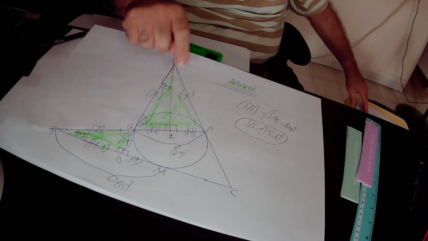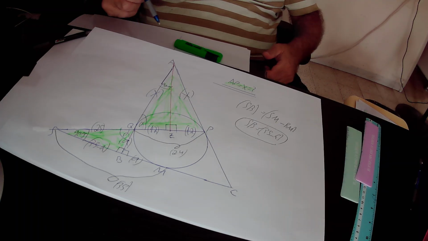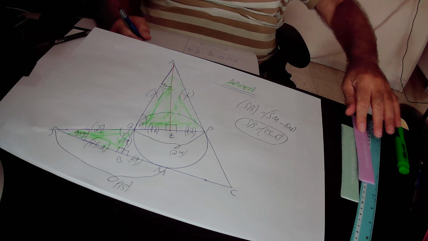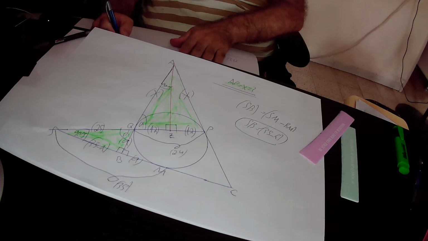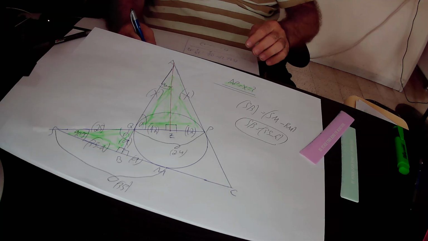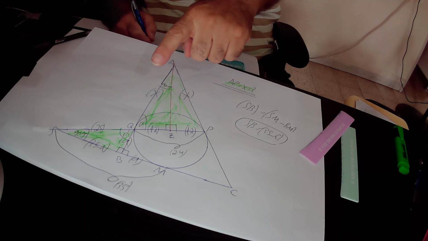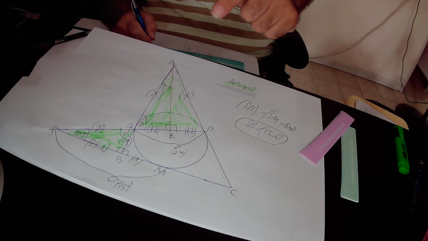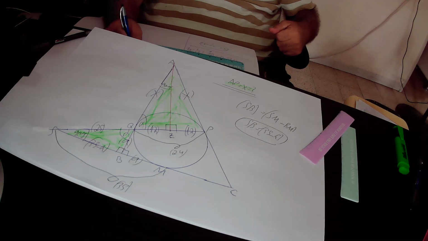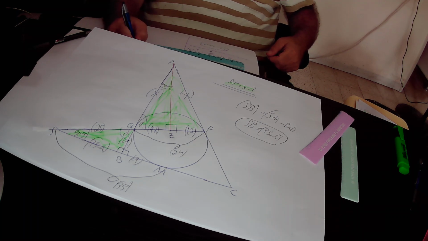So I write it down. This is the green right triangle QBS, and it is similar to this right triangle AZQ, according to the angle similarity rule.